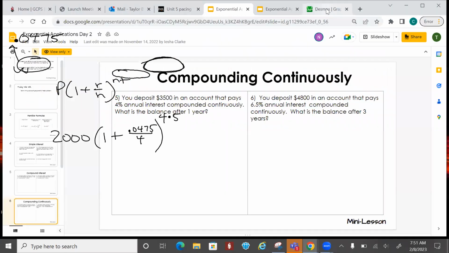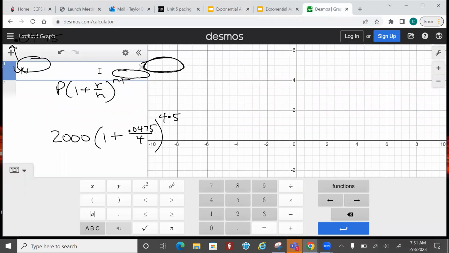Okay, so we're going to type that into Desmos. 2,000 times 1 plus 0.0475 divided by 4. And the biggest thing is you got to be careful with your parentheses. If you don't use them, you lose them.